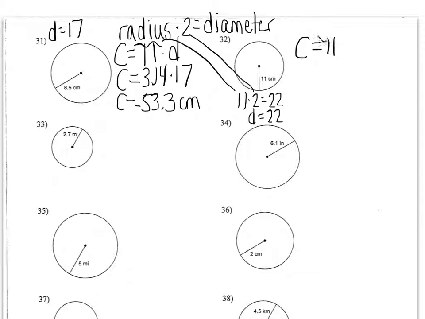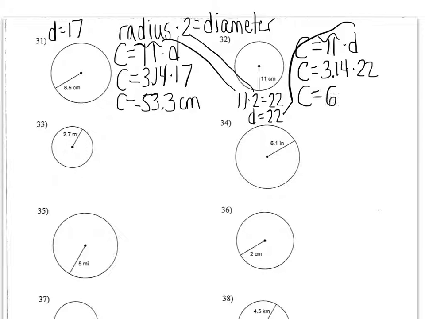Pi times d. Pi is 3.14 times diameter, which is 22. So we have 3.14 times 22, and that equals 69 centimeters.